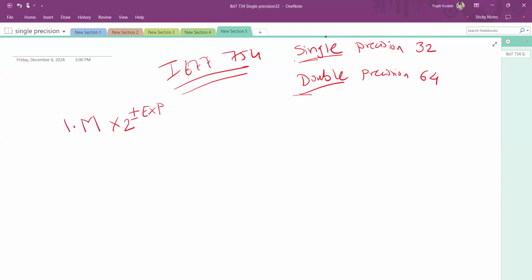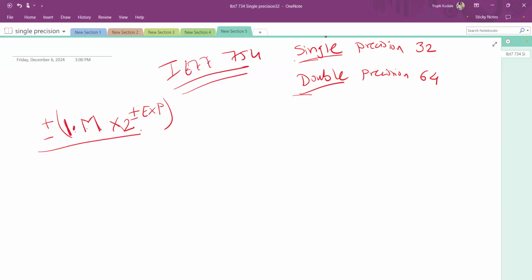That exponent might be positive or negative, and the sign of your number would be minus or plus. So it should always be represented in the form 1.m into 2 raised to plus or minus exponent.